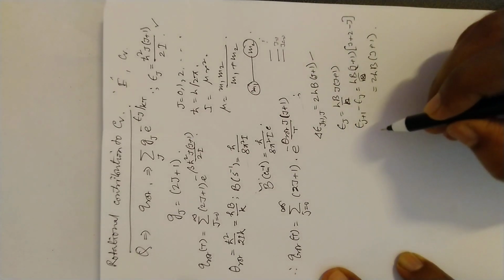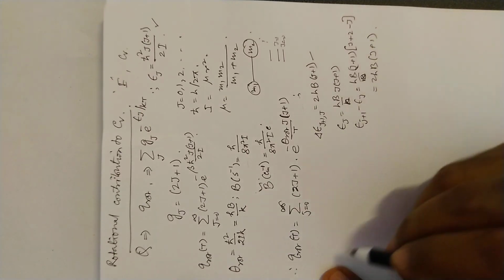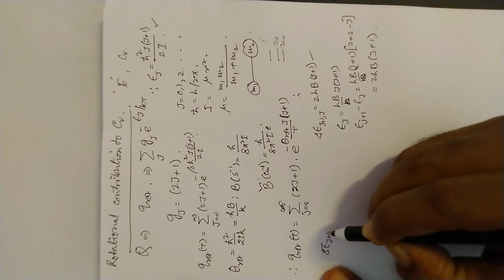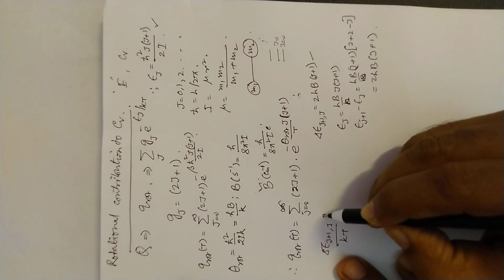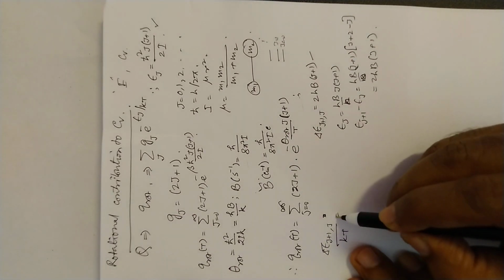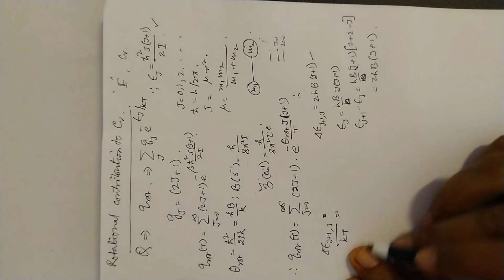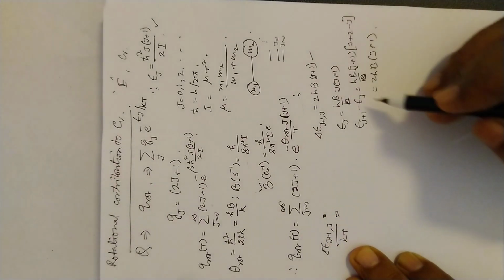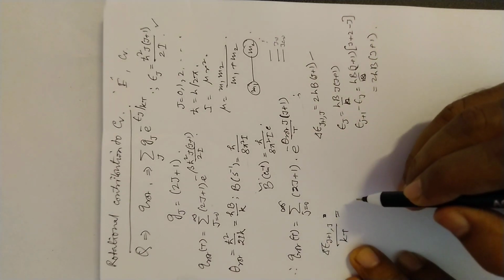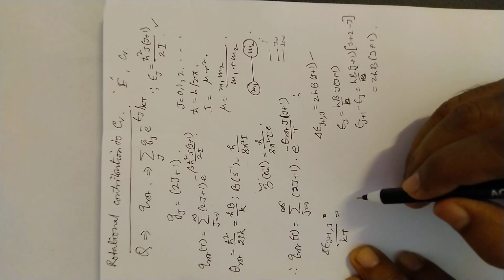Given this, delta epsilon between j plus 1 and j divided by kT is the kind of consideration that we have, whether this gap is relatively smaller.